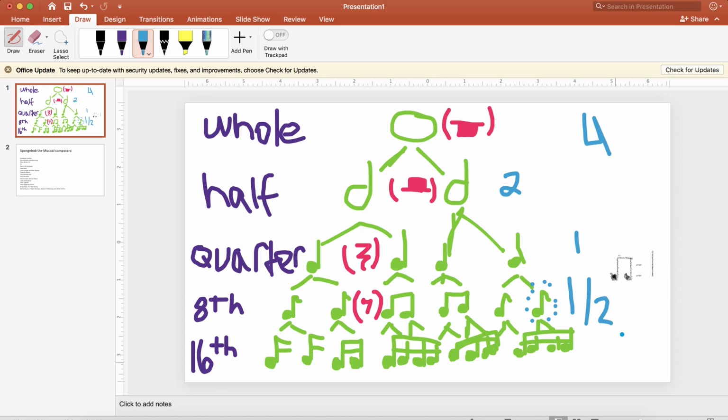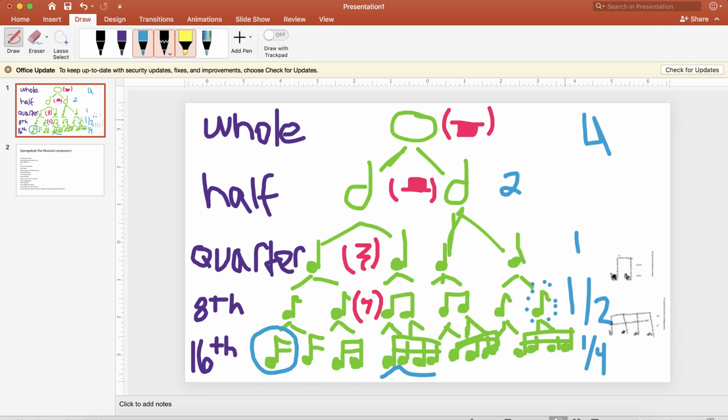And then finally, our 16th notes. A 16th note all by itself is 1/4 of a beat, which is why we see them like this, because it takes 4 together to equal 1 beat.